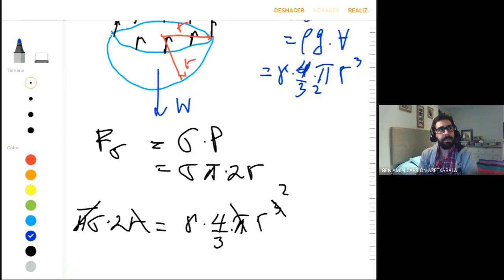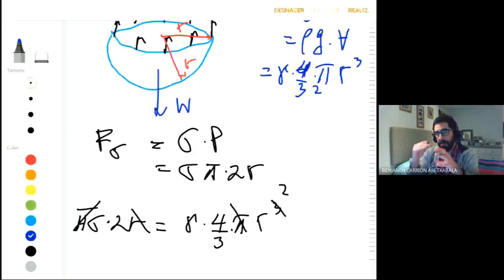I mean, the full drop is going to be dropping from the sky, so there is no force to keep it from falling, except aerodynamics and stuff. But on the surface, surface tension is keeping this drop together. And you're right, this is only the half.